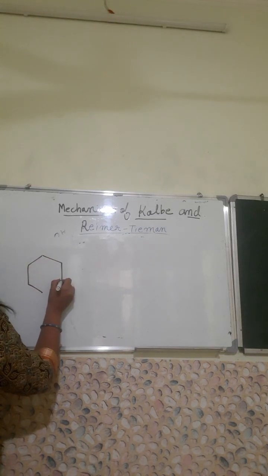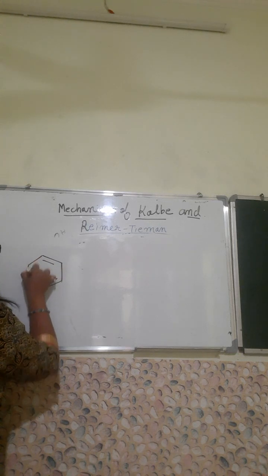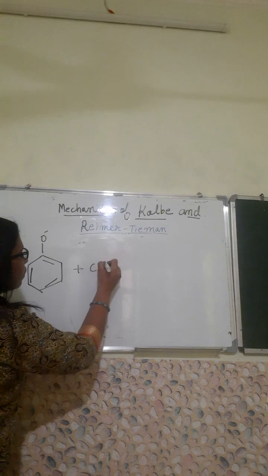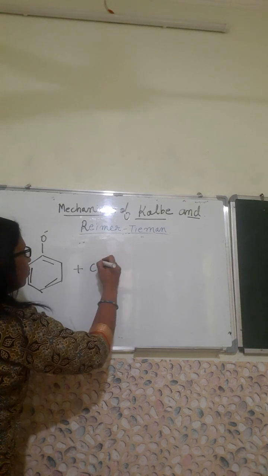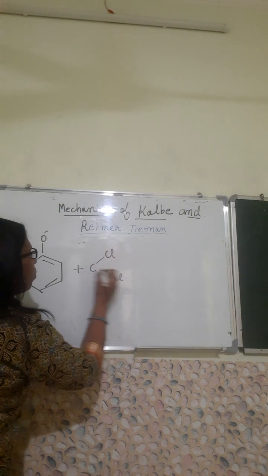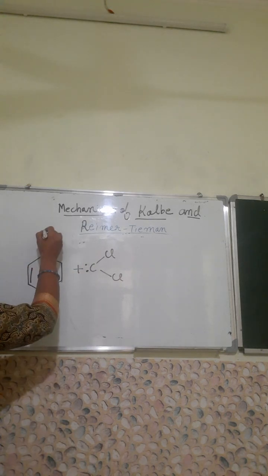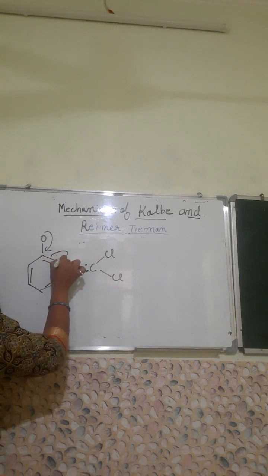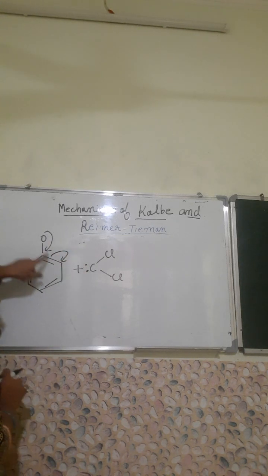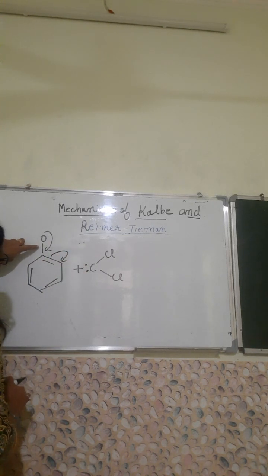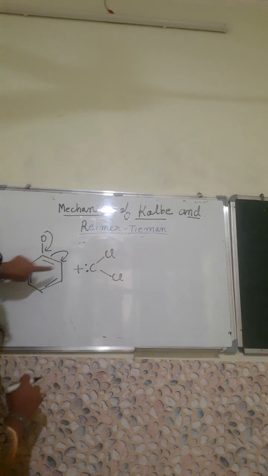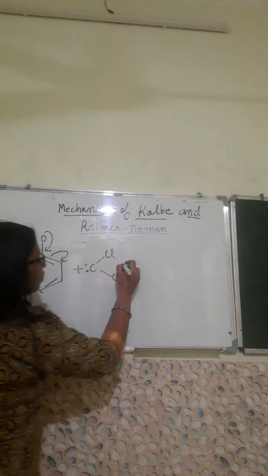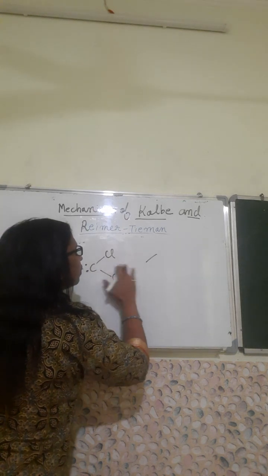Now, this dichlorocarbene reacts with the phenoxide ion. See carefully because it is a mechanism. That is a phenoxide ion plus CCl2, which we write in open structure. This negative charge goes here and forms a double bond. This is the electrophile, that's why it attacks here.